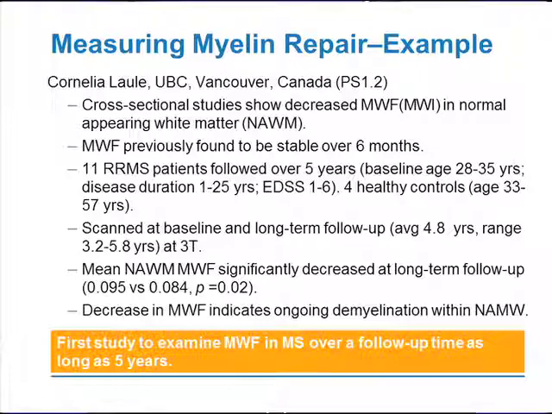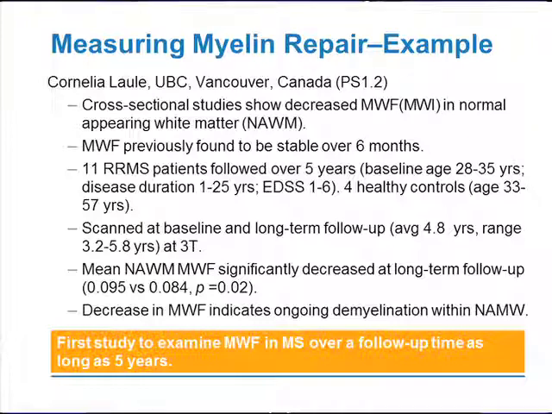Their baseline age was relatively youngish, 28 to 35 years, with a pretty broad duration of disease, and an EDSS of 1 to 6, and 4 healthy controls. They scanned them at baseline and long-term follow-up, average of 4.8 years, with a range of 3.2 to 5.8 years, at 3 Tesla. So this was at a relatively high, but not the ultra-high field.